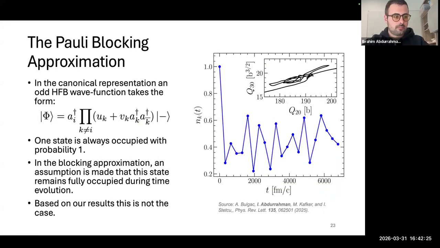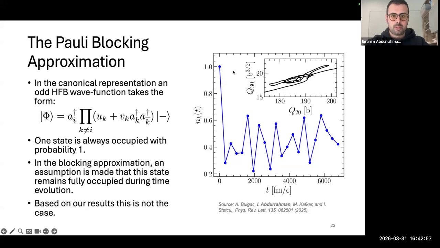This is a bit of a technical point, but it's a comment on the commonly used Pauli approximation, which is, okay, you have one state. So if I construct the HFB wave function of this form, which if you have an odd nucleus, you can always bring it to this form, at your initial time, you always have one state that's occupied with probability one.